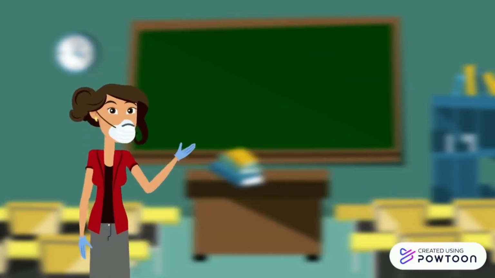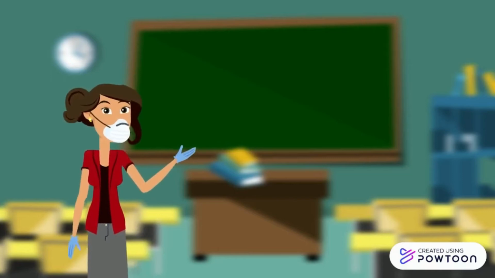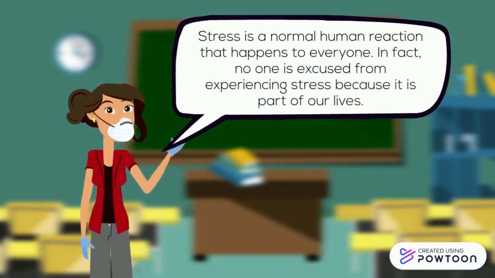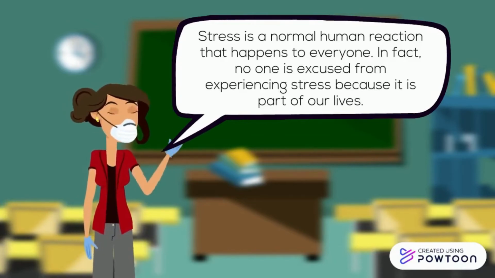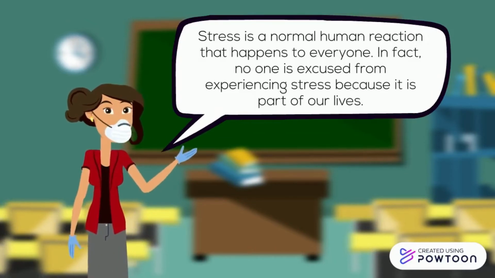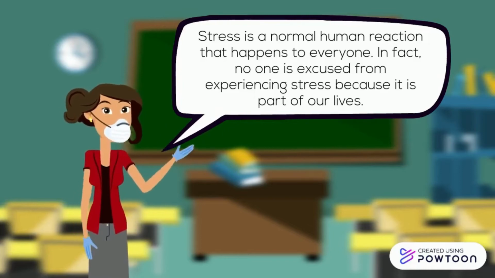Again, it is normal to experience stress. Stress is a normal human reaction that happens to everyone. In fact, no one is excused from experiencing stress because it is part of our lives.